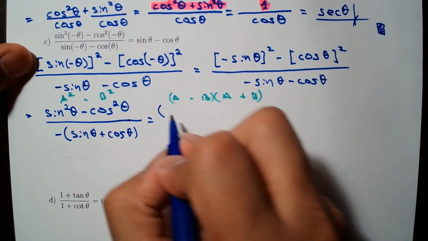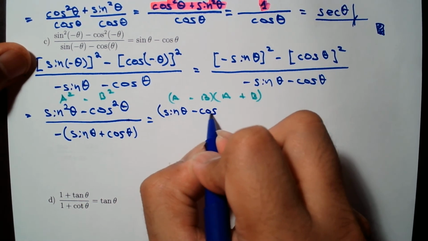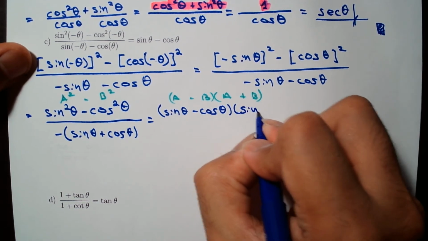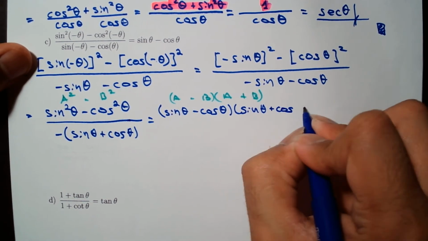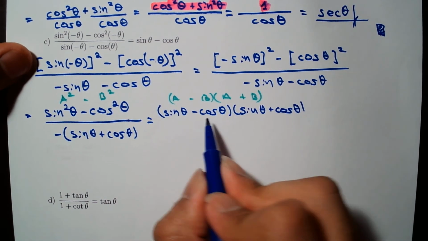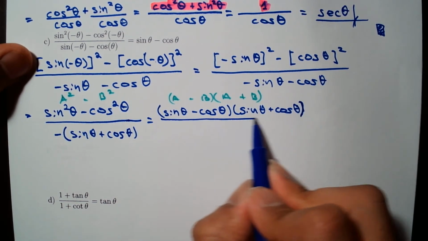So, in other words, sine theta minus cosine theta times sine theta plus cosine theta, or the other way around, sine plus cos, sine minus cos, doesn't matter. Of course, it's a multiplication.